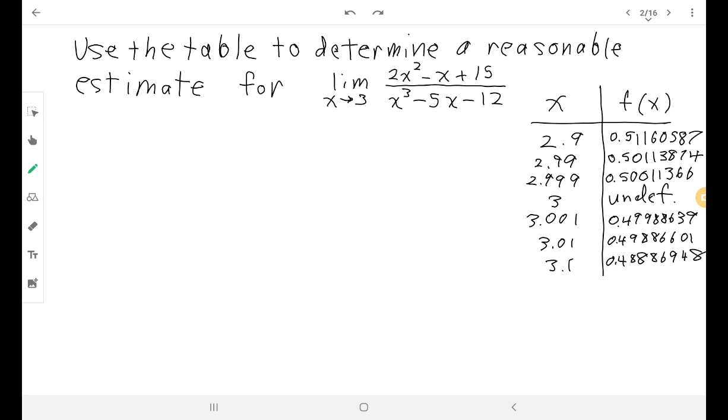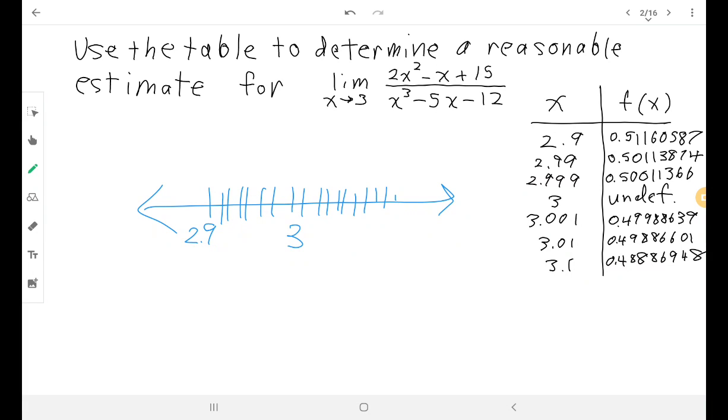So look at what we do here. Look at how the table is constructed, first of all. We want the limit as x goes to 3. So the way the table is constructed is numbers just barely to the left of 3 if you're thinking on a number line. If I put 3 here, I'm picking numbers just over here, like 2.9, and then numbers just over here, like 3.1.